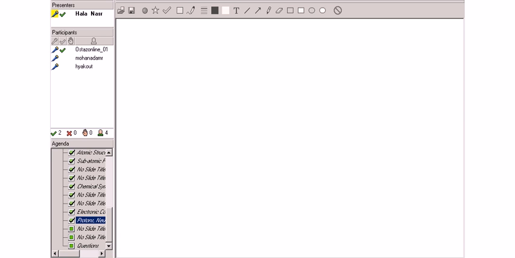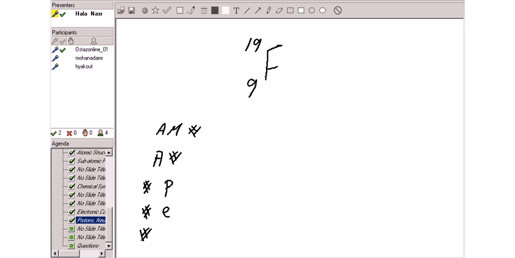If I've written to you like this, F, which is fluorine, 9, 19, I need you to tell me what's the atomic mass number and what's the atomic number only, and the number of protons, the number of electrons, and the number of neutrons.